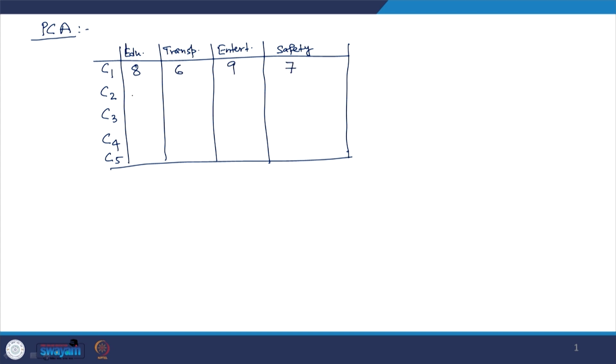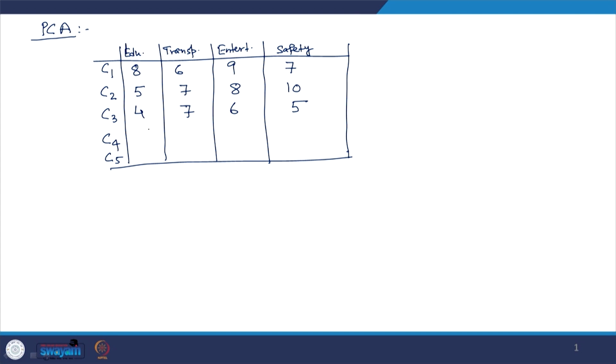For C2, all those parameters are, let us say, 5, 7, 8, 10. For the third city it is 4, 7, 6 and 5.